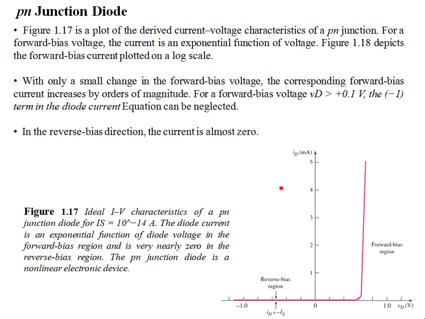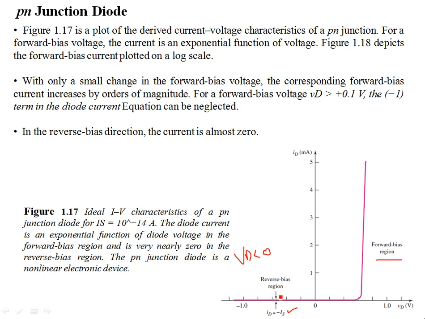You see this exponential behavior is shown in the forward bias region. The reverse bias region is for VD less than 0, and in almost all practical cases, you don't have any current for VD less than 0. ID is minus IS, which is 10 to the power minus 14. It could reach, for example, picoamps, but it's not important.